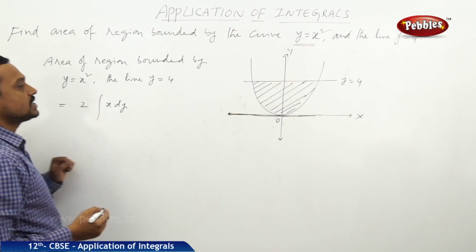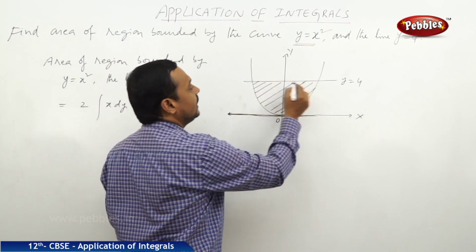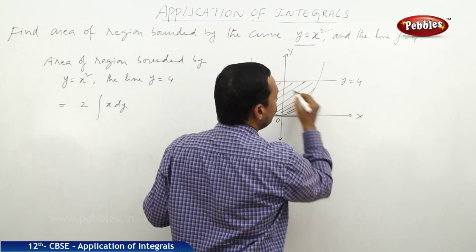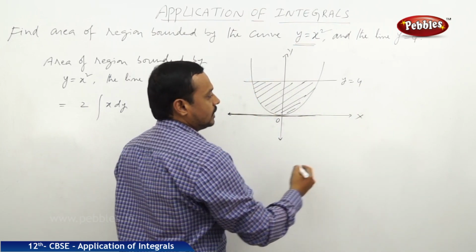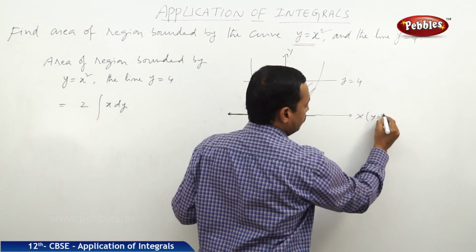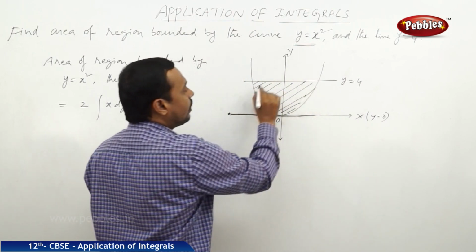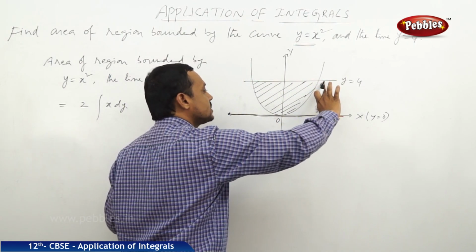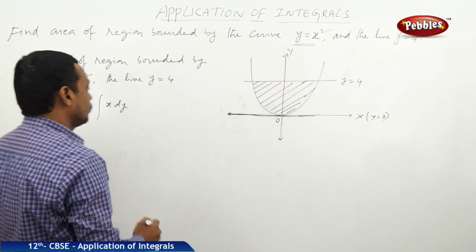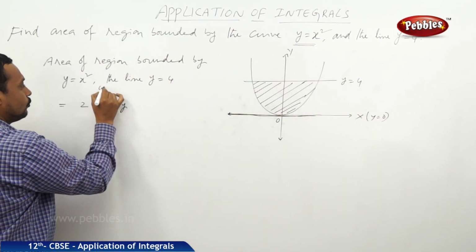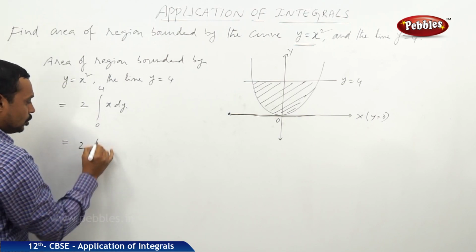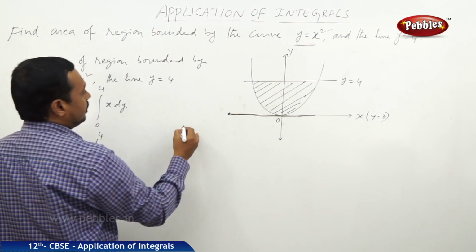Now what are the limits here? The area is bounded between the two lines y = 0 and y = 4. The x-axis means y = 0. So the required region is bounded between y = 0 and y = 4, so the integral is from 0 to 4 of x dy. Now this is 2 times the integral from 0 to 4 of x dy.